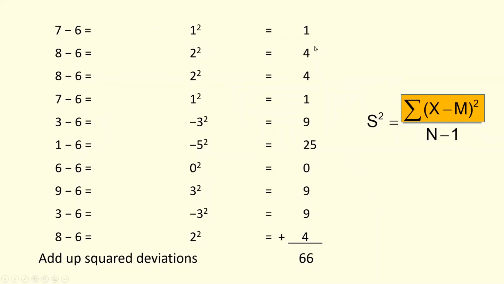And so next thing, now that I have these answers, now what? Now I have to add them up. I've highlighted in the formula here x minus m squared with that capital sigma, that sign that means the sum of. This looks a bit like an E. And so once I add up these squared deviation scores, I get 66.